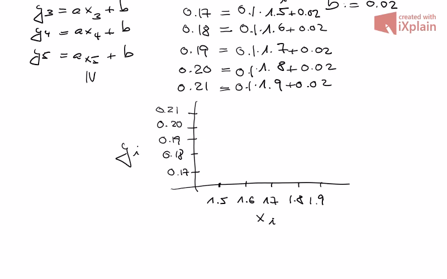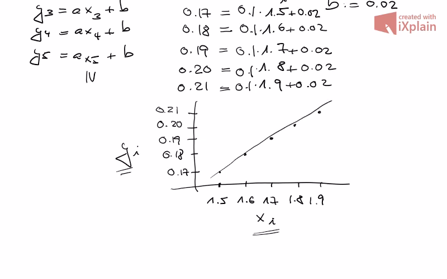So that's our independent variable. That's our dependent variable. And now we can basically put in what we've just computed. So 1.5 yields 0.17, and same way for the remaining ones. So that we get these points, and of course they are all on a line.